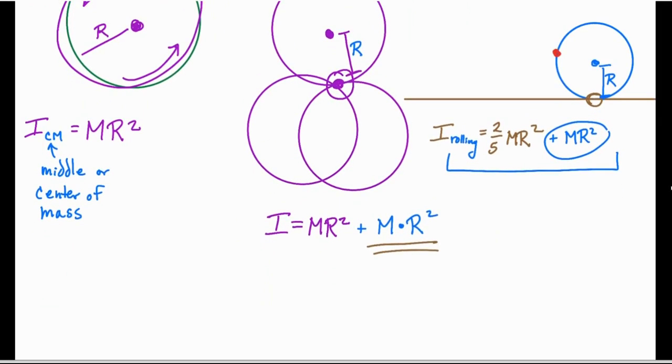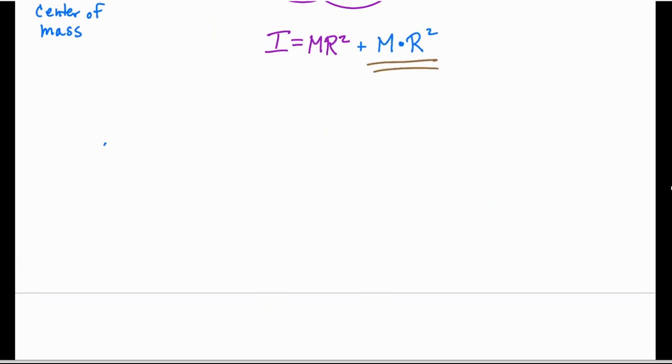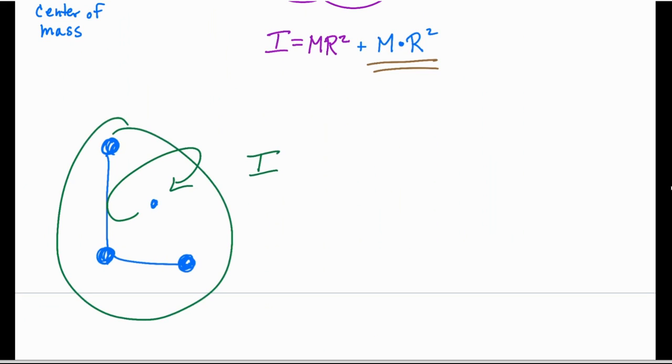All right, this also would apply to weird shapes. So like if I had a ball here and a ball here and a ball here, we did a problem kind of like this before. Maybe we have it spinning around a point right here. Let's just say it's something really weird, and it would be rotating around this way. I could say, whatever that moment of inertia was of this whole thing.